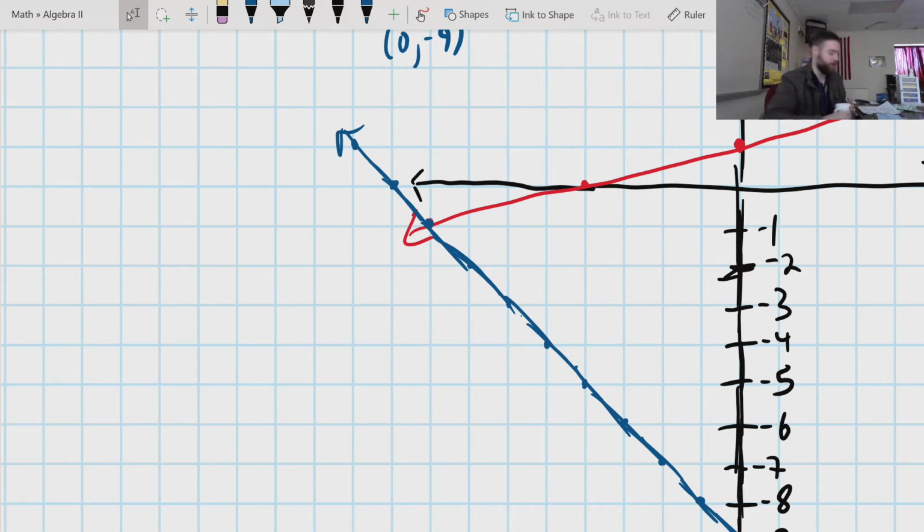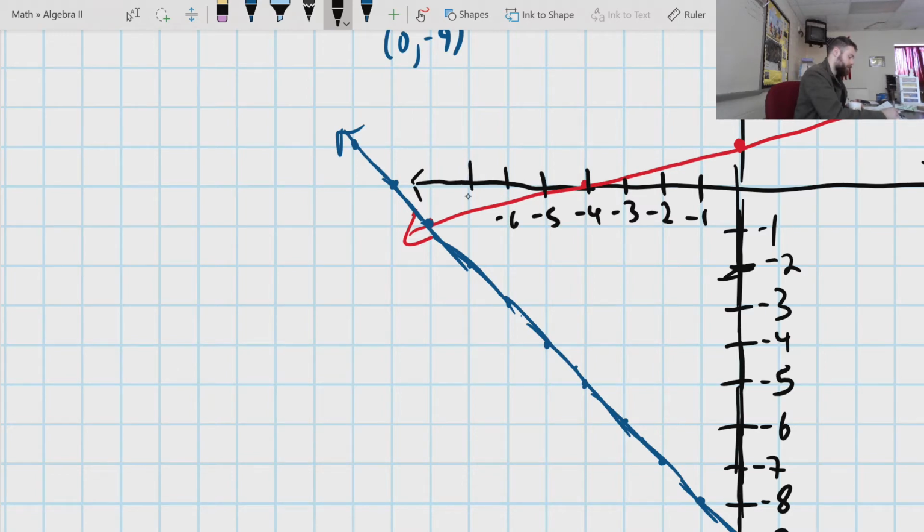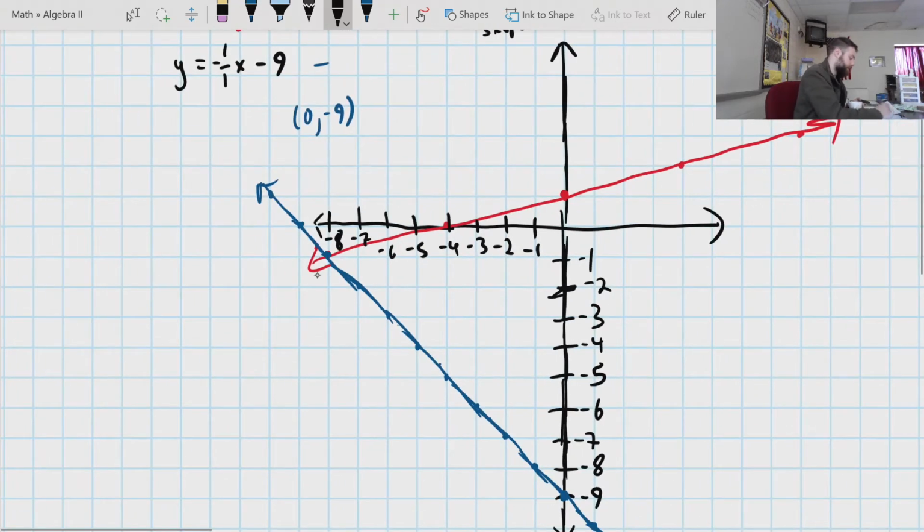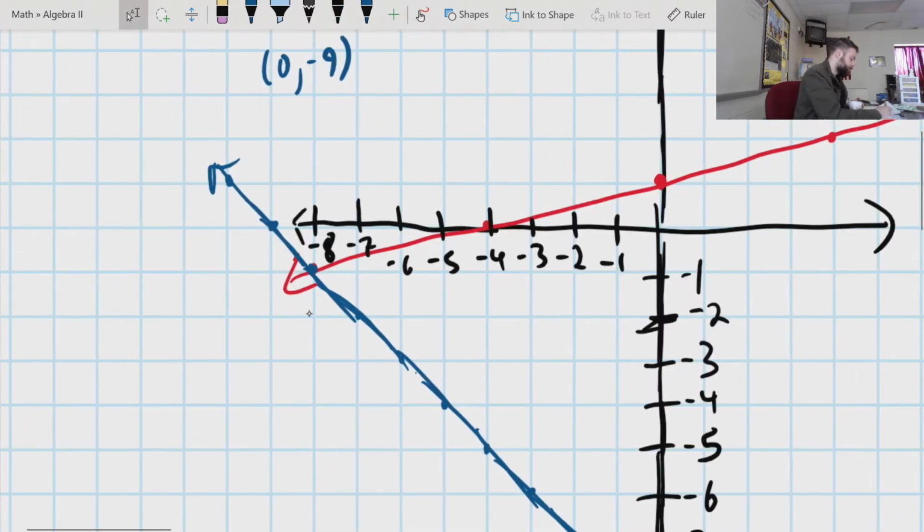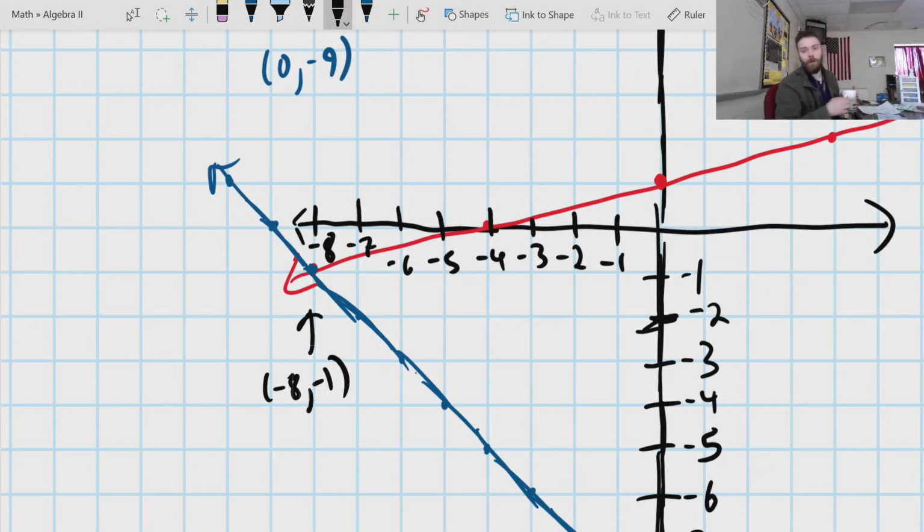And if you take a look here, these intersect at, let's see, -1, -2, -3, -4, -5, -6, -7, -8, -1 is where they intersect. So that intersection there is -8, -1.